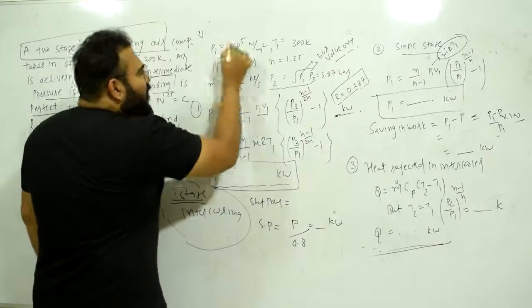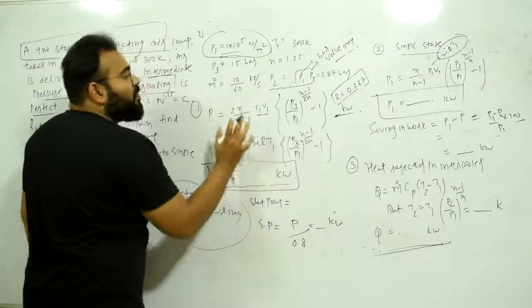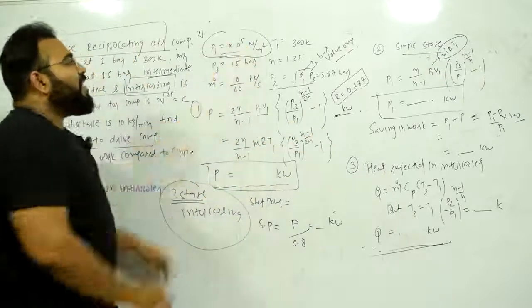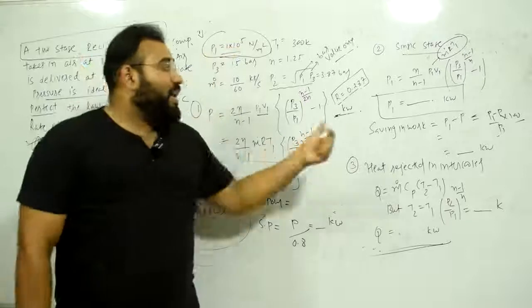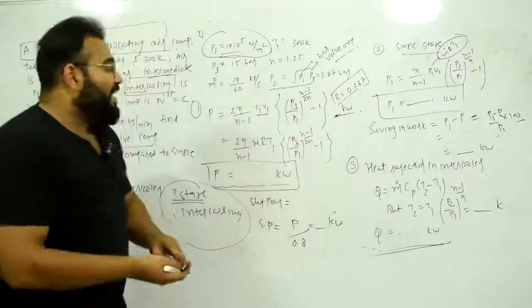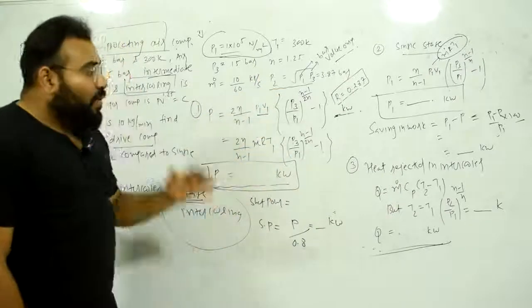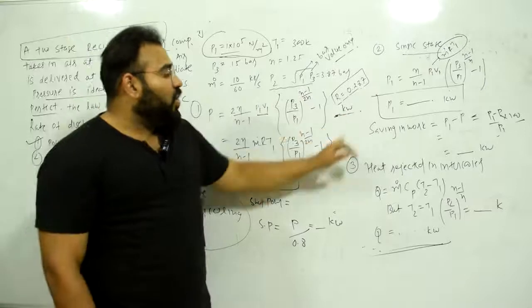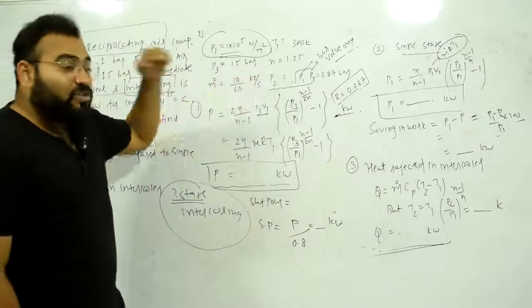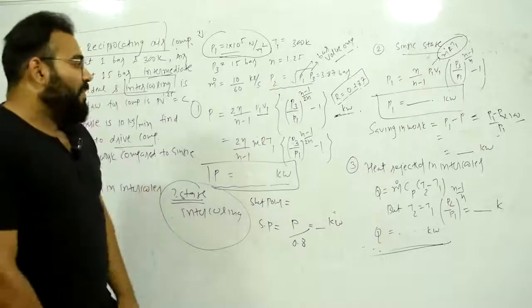Here I do not need to convert it, but just for your understanding I have done it. Keep the units in mind. If I want the answer in kilowatt, I require data in these terms. If mass flow rate is in kg per minute, I have to convert it to kg per second. This is a very small thing that you have to keep in mind.